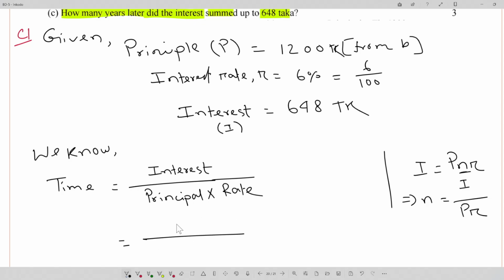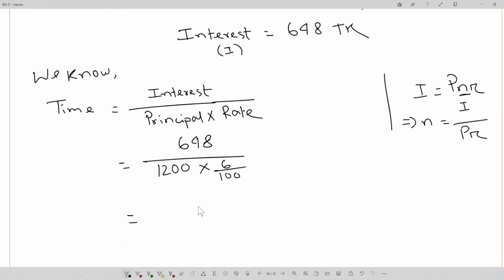Then interest is 648, principal 1200, times rate means 6 by 100. So 648, this 100 we can write as times 100, divided by 1200 times 6. So the zeros cancel out.